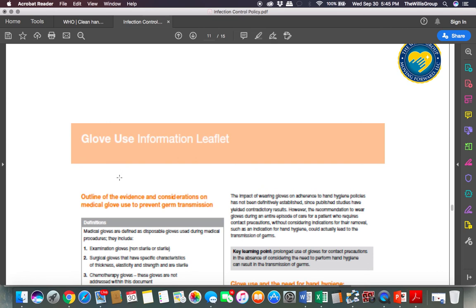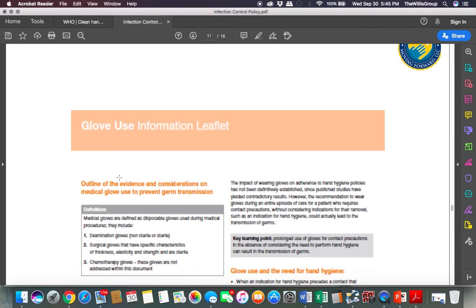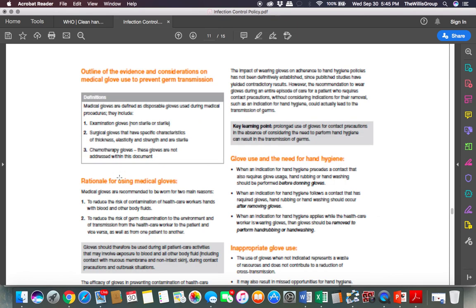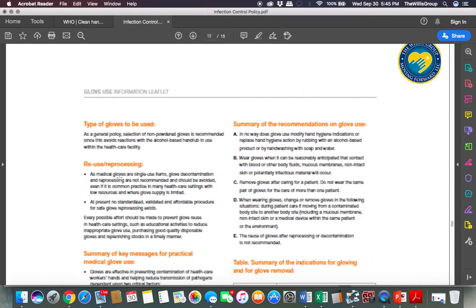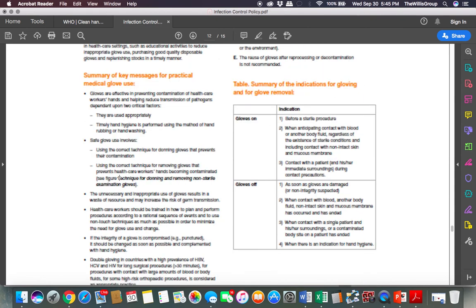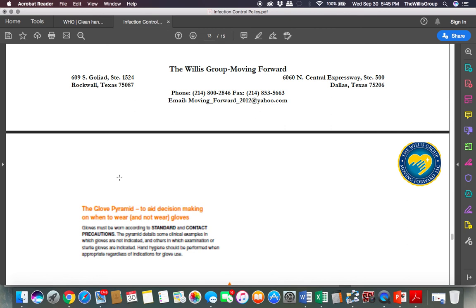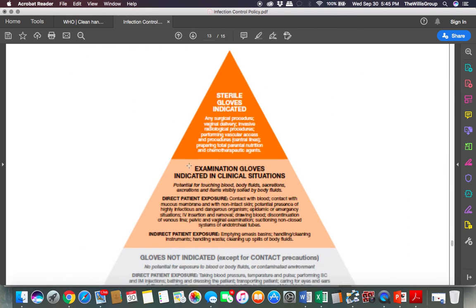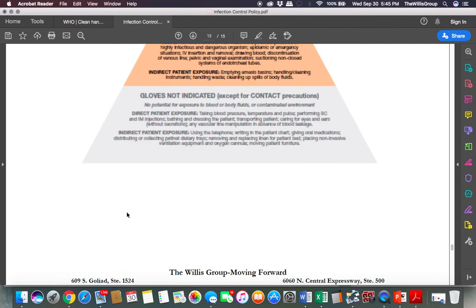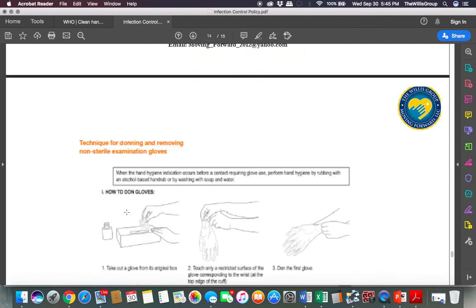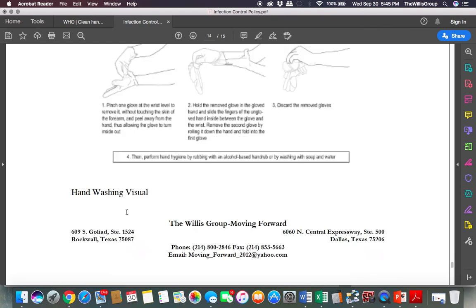In the remainder of our infection control policy, we again have some visuals and information on how to utilize PPE, gloves in particular, when to use gloves and when not to use gloves. Sterile gloves, we haven't talked in detail about that, but there is some information in here about that as well. Again, how to put our gloves on and how to remove them.